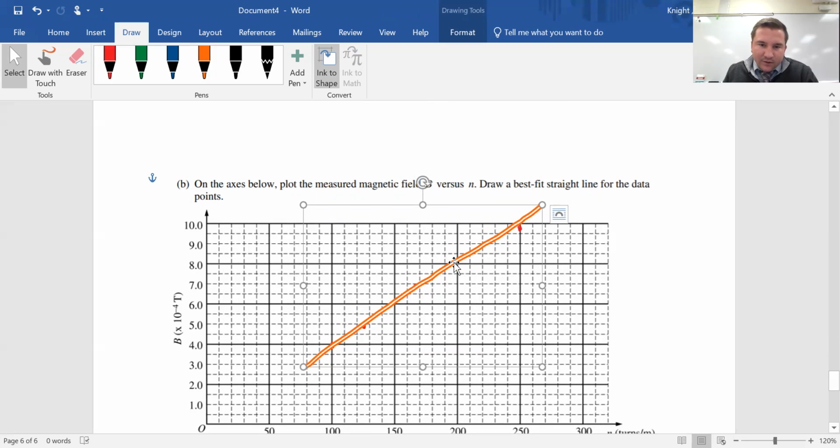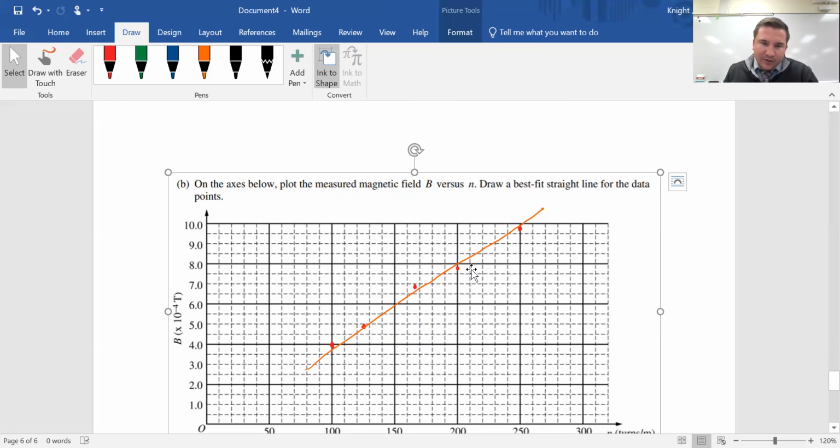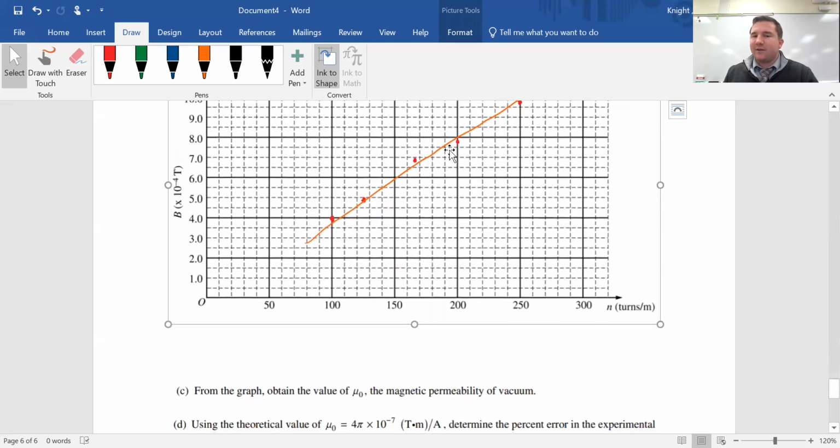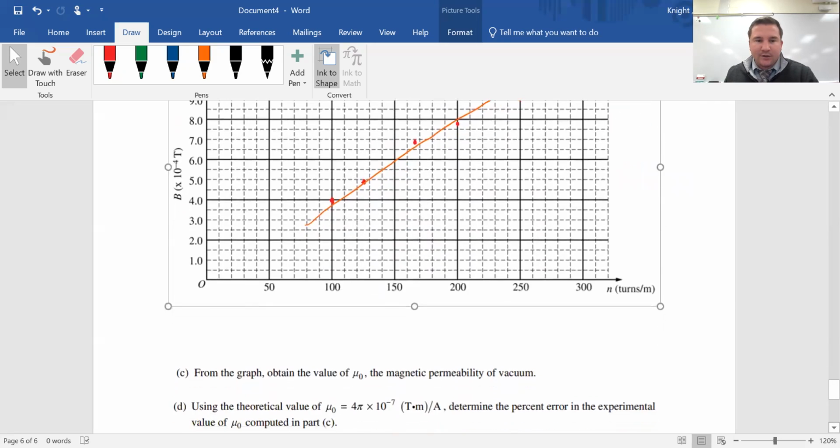At least I can move it now. We want a couple above, a couple below. So that's not bad. If we had a ruler I could do better, but that's not bad for a line of best fit. Cool. So there's my data points and my line of best fit. Everything's pretty close, so I must not have messed up any of my data points.